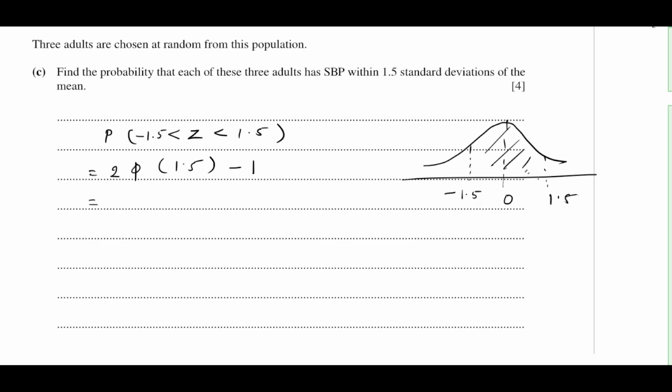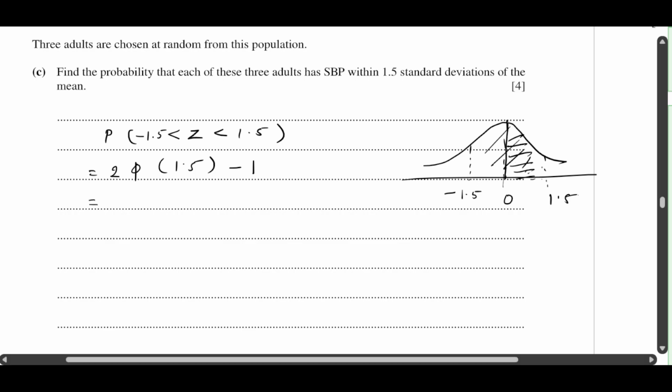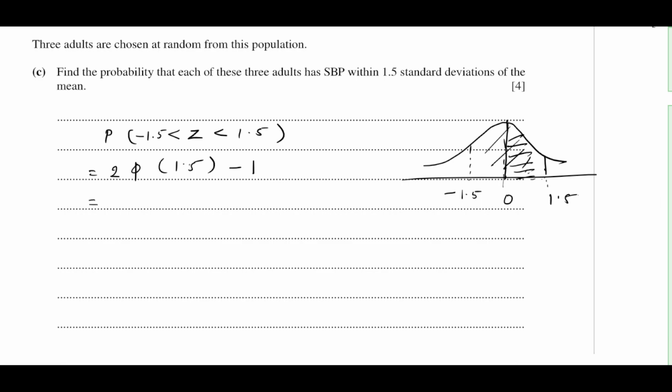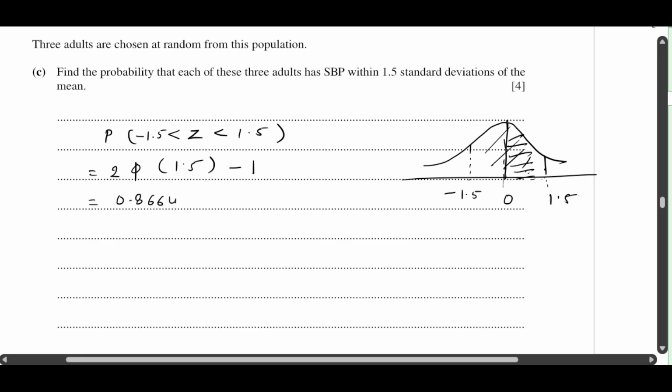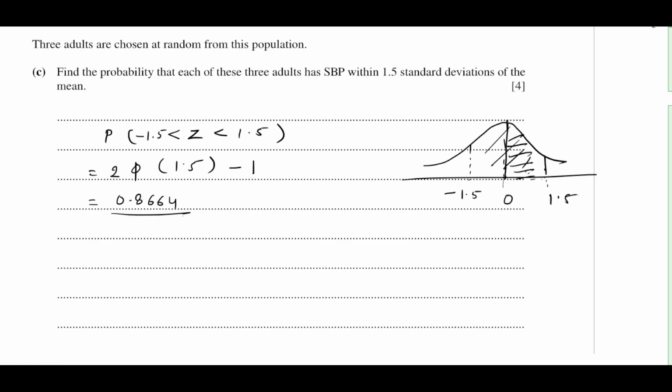Why am I doing that? Because I want this part only, and this part is phi of 1.5 minus 0.5. So it is 2 times phi of 1.5 minus 1. The calculation will be 0.8664. This is your final answer.